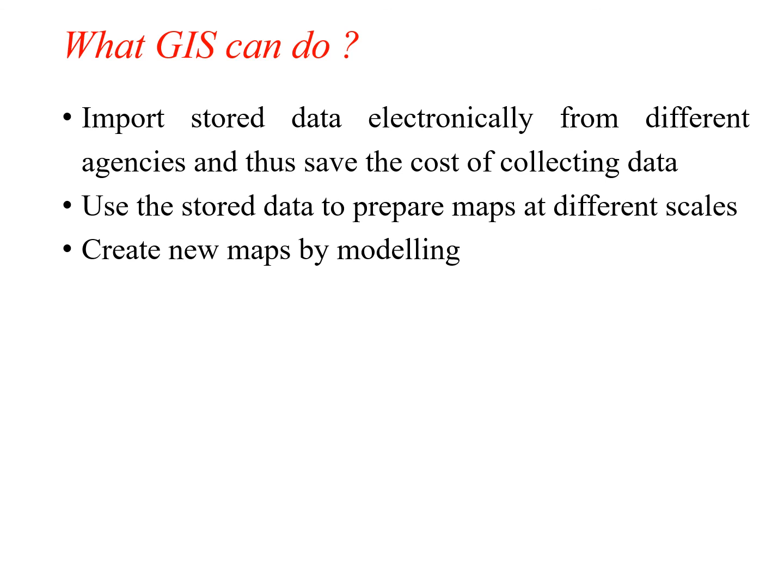Then the GIS can use the stored data to prepare maps at different scales, which is not possible with paper maps, and it will create new maps by modeling. This modeling is done using software, and one such software is ArcGIS or QGIS.